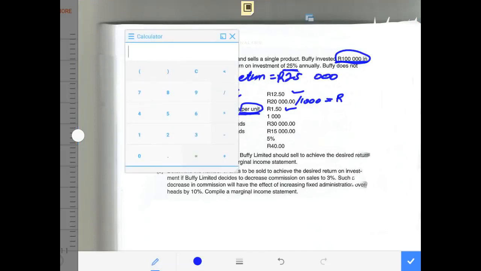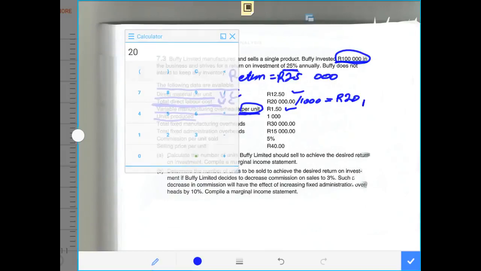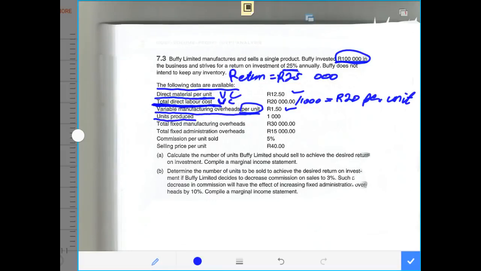So it will be 20,000 divided by 1,000, and it will give us 20 rand per unit of labor cost.